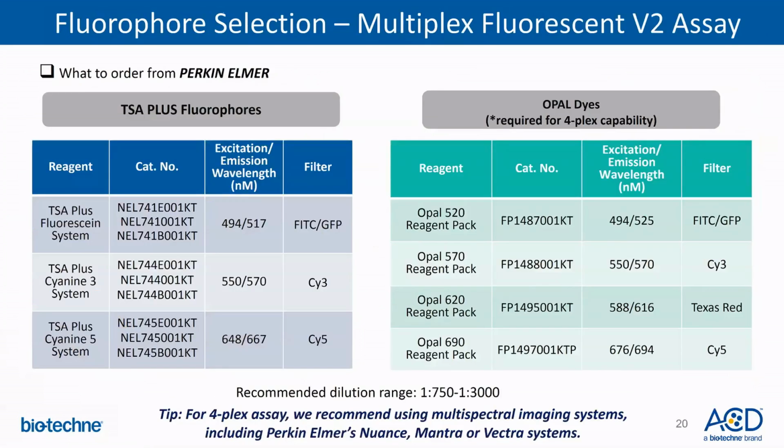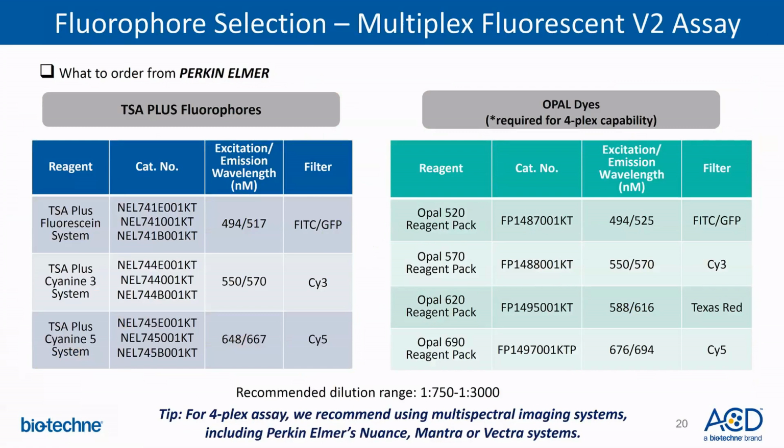Shown here are the fluorophores that you will need to buy separately from PerkinElmer for the V2 assay. On the left are shown the TSA Plus fluorophores. On the right are shown the Opal dyes. Please note, for the 4-plex capability, you will need to use Opal dyes.